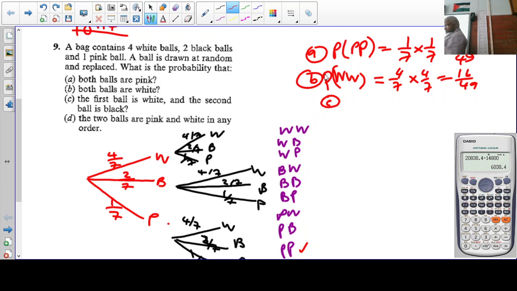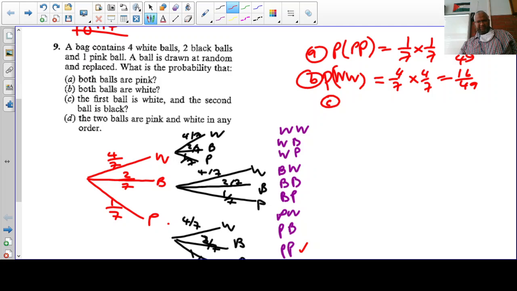Let's look at C. Let's remove this calculator here quickly. Question C says the first ball is white and the second ball is black. So it has to be in that order. Can I consider a black ball then a white ball?